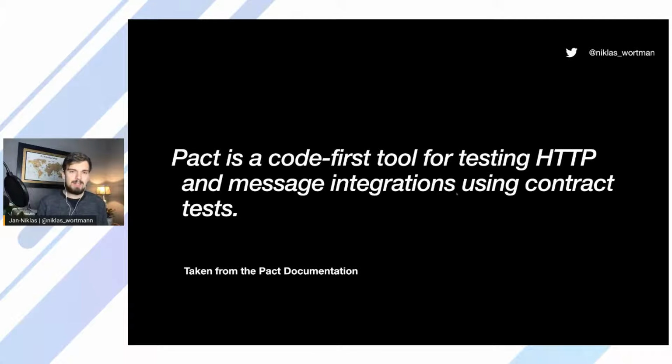I think we covered that already. So now we know that Pact is more of a testing tool providing consumer-driven contract testing. Just to give an example, Jasmine and Karma are tools to implement unit testing for Angular applications.